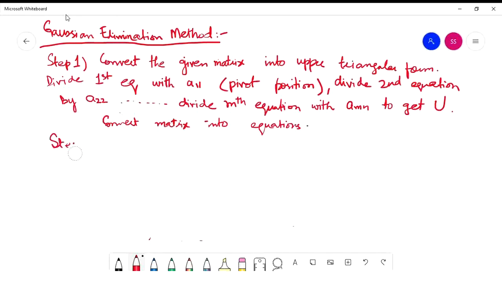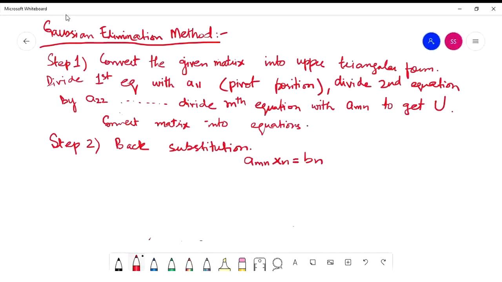So step number two is very basic. We call it back substitution. Back substitution means the last variable xn can be derived from this: this is the coefficient, this is the constant, and xn is determined by this.